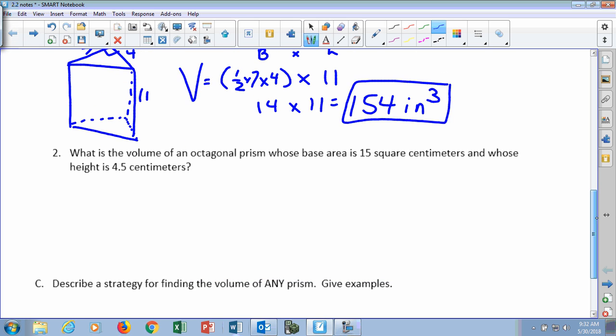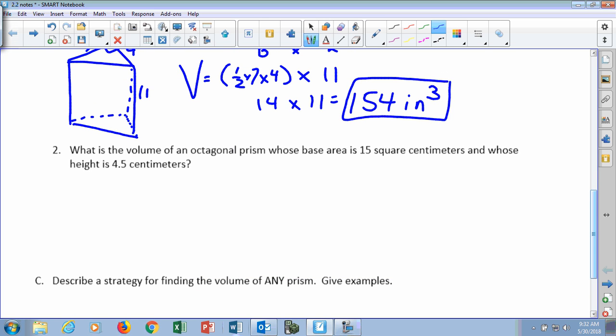All right. To save my art skills, I'm not going to draw an octagonal prism. We know that that's 8 sides, right? So you think of an 8-sided figure. Okay. So again, we still need to use the same formula. Now they give us some nice information, right? They said whose base area is 15 square centimeters and whose height is 4.5. So let's go with you guys. What did you guys come up with?